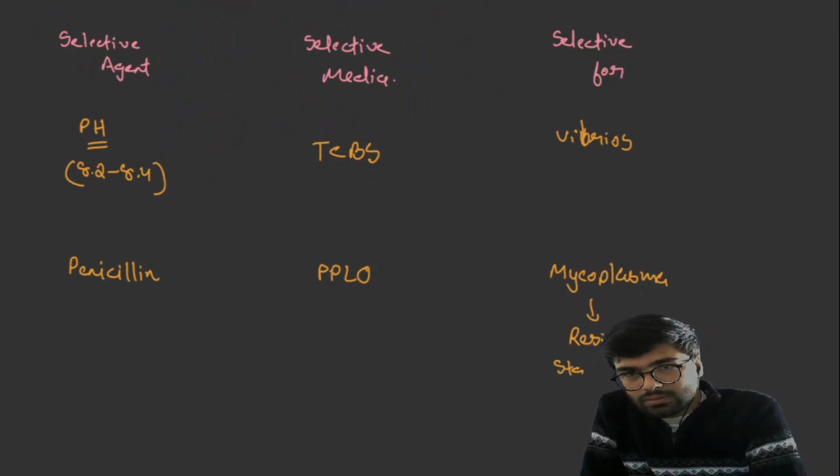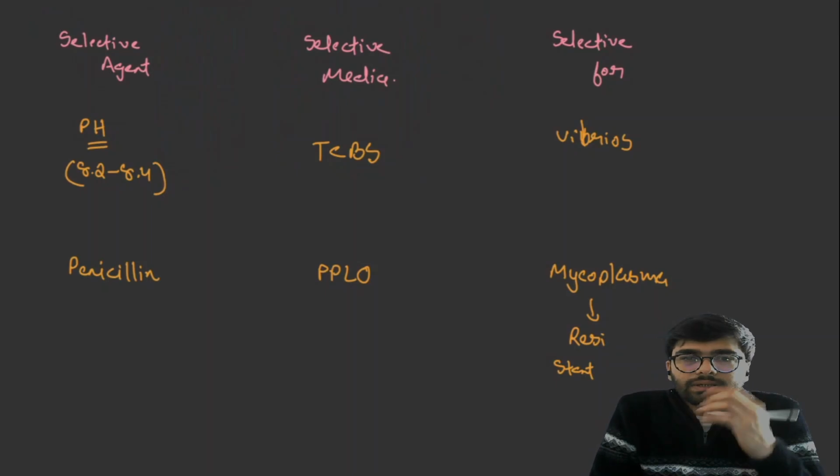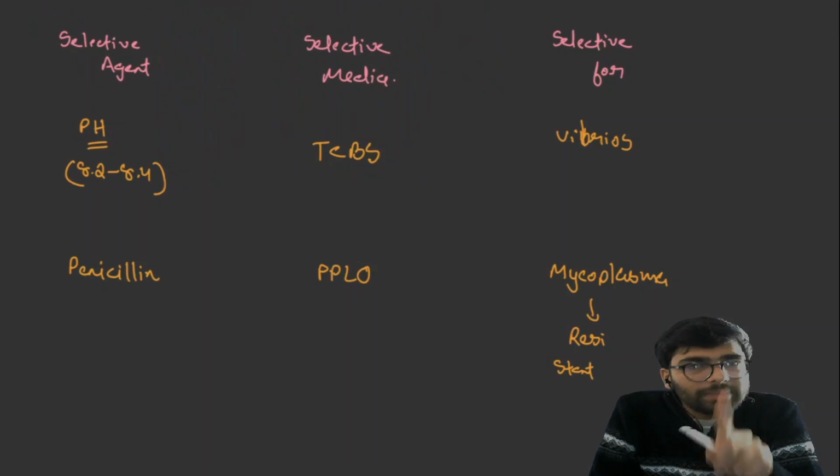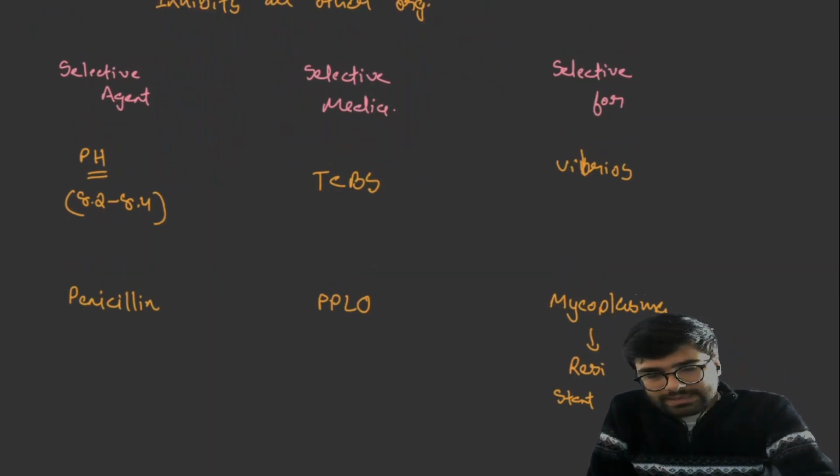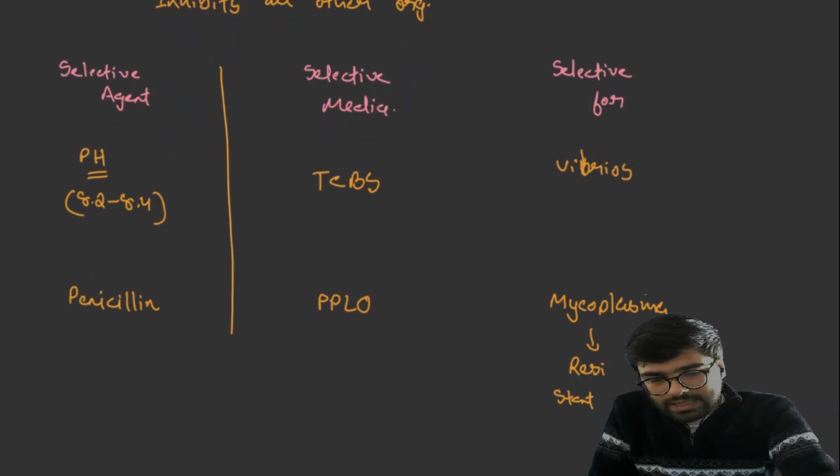So this is resistant. So when we add penicillin as a selective agent in a media called PPLO, it allows the growth of only mycoplasma and it inhibits rest all. Okay. So you can make a table in the university exam.